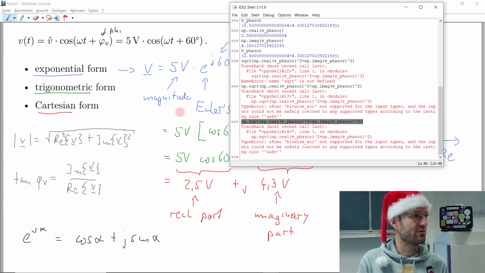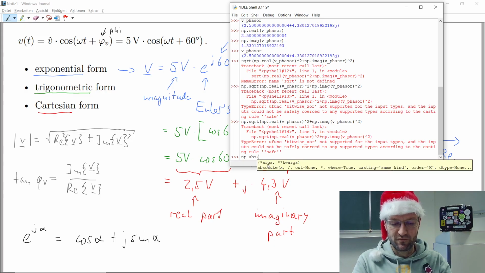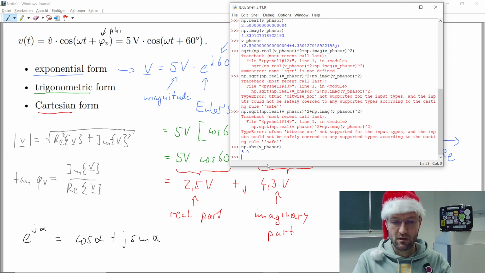The magnitude of a number, also of a negative number, is the absolute value. So if we say np.abs of our complex voltage phasor, then we get 5. We get back our 5 volts here.